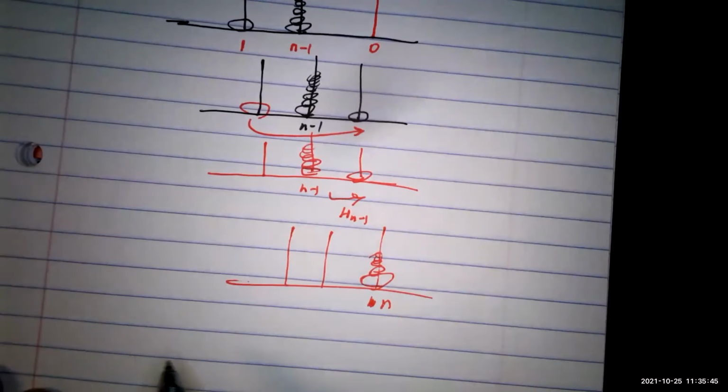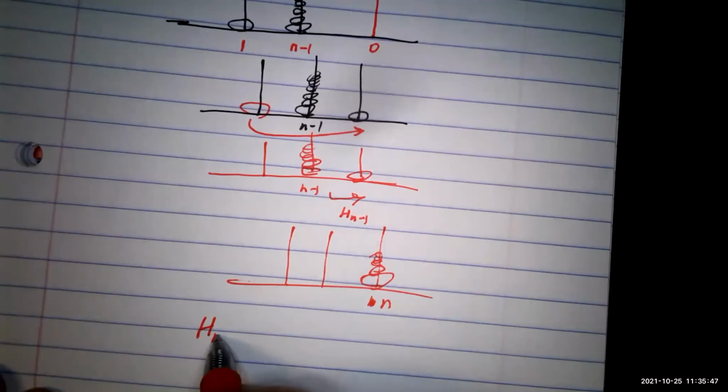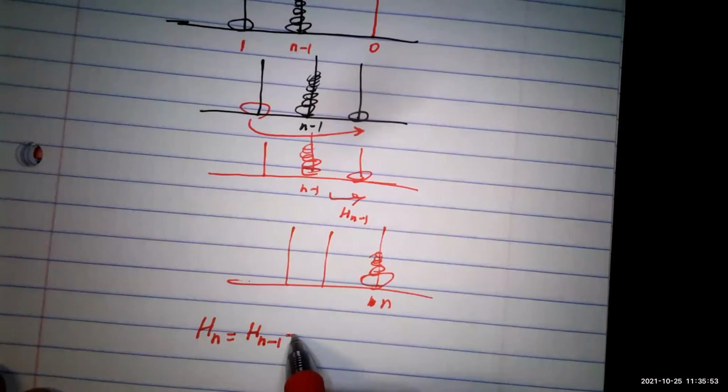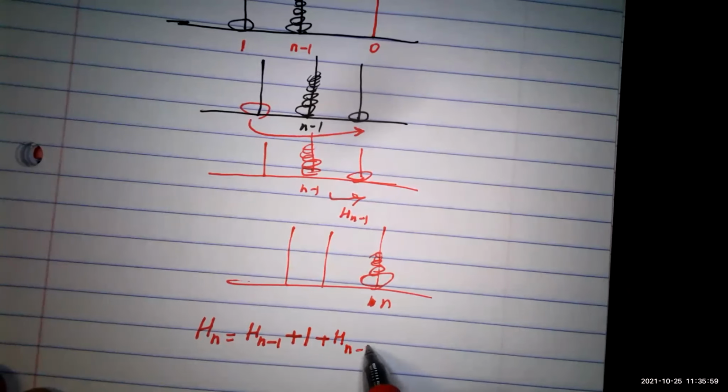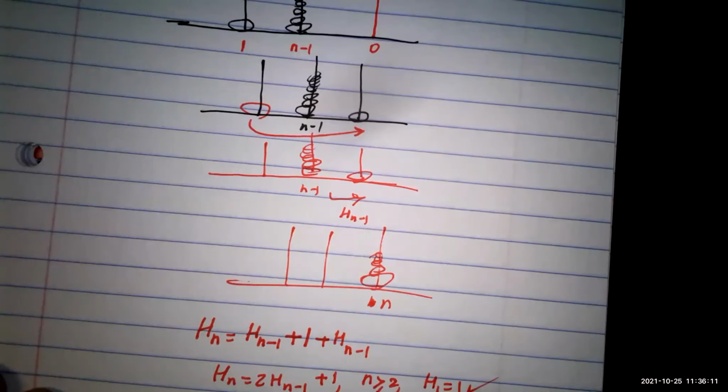So basically, the number of moves that you need is, you move hn-1 from one part to the other part. Then there is going to be 1 leftover. You move that leftover. Then you do the same procedure to get back. So that's what hn would be, 2hn-1 plus 1, for n greater than or equal to 2, and h1 is equal to 1.